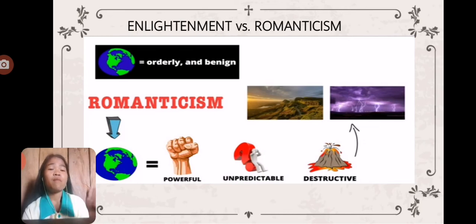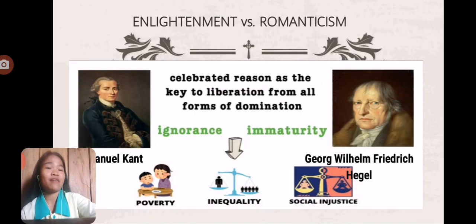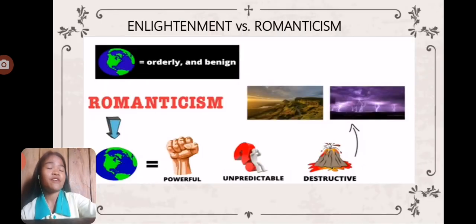That is why in most of the artworks of the Romantic period we have wilder landscapes. We have the first picture here, and we also have storms. So it portrays a destructive natural world for the Romantics.